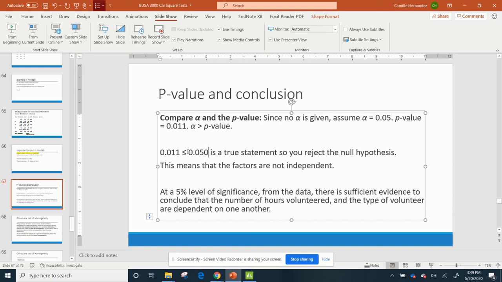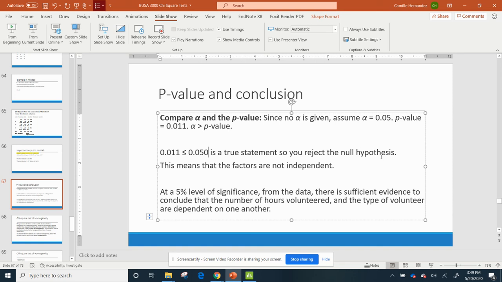And now I can see 11 is definitely smaller than 50. So since this is a true statement, I reject my null, which means my factors are not independent. They're depending on one another. So at the 5% level of significance, there is sufficient evidence to conclude that the number of hours volunteered and the type of volunteer are dependent on one another.